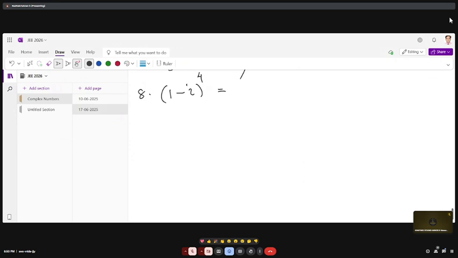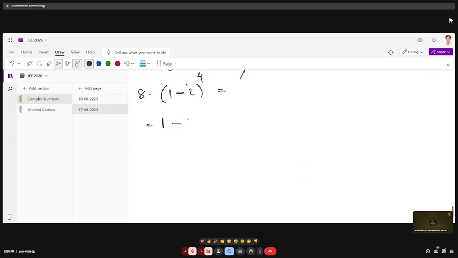So do a binomial expansion. What you get is x minus y whole to the power of 4. We have studied binomial theorem in 11th class, right? So use that. You can simply expand it.